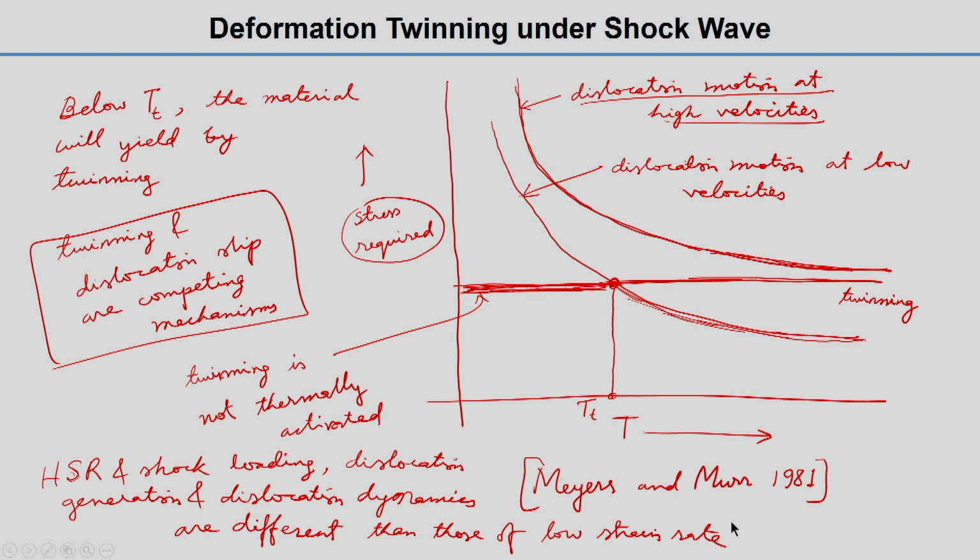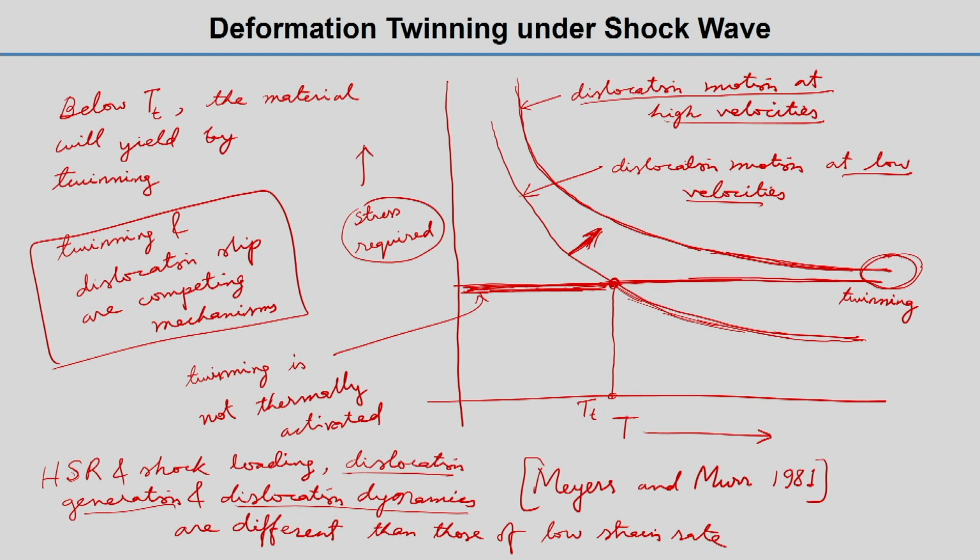That's why you can see the shift from this curve to this curve. Earlier, at low velocities the curve looked like this, and this looks like a parallel shifted curve, due to dislocation generation mechanisms and dislocation dynamics being different at high strain rate. And you can see that these curves can intersect at very high temperatures.